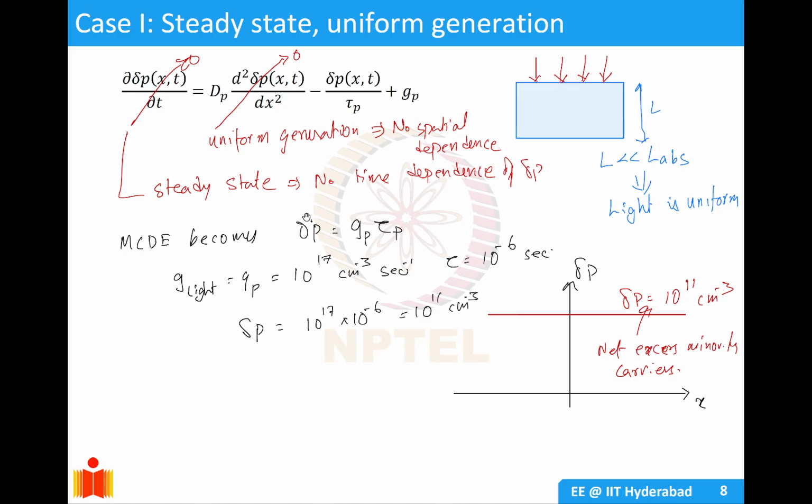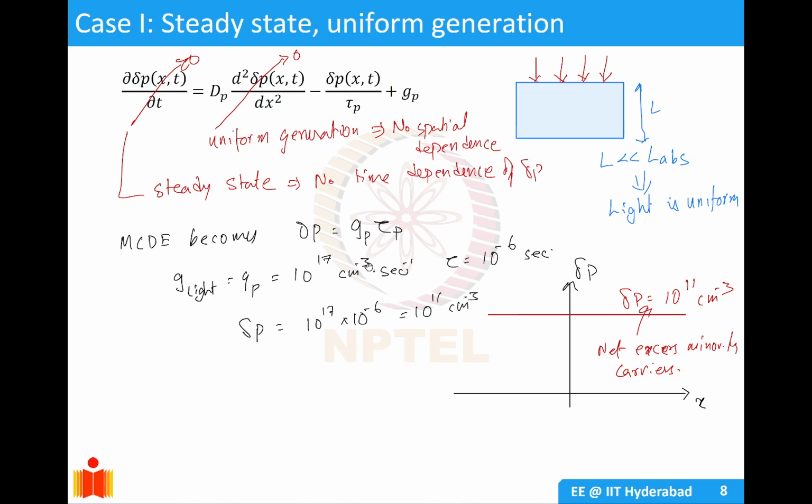So then, this equation will become delta P equals Gp tau P. Let's say your Gp is given as 10 power 17 per centimeter cube per second, and tau P is given as 10 power minus 6 seconds.